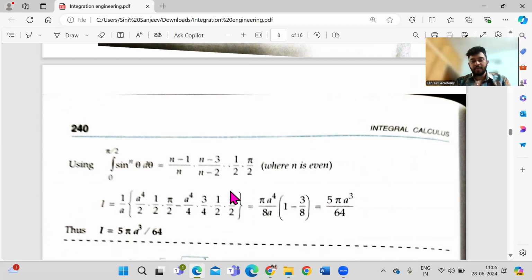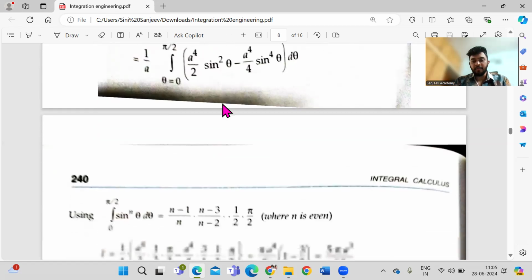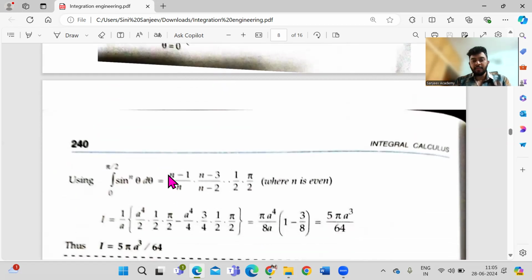So we have to do it. For the first one, a power 4 by 2 will be common here, and here will be a power 4 by 4, with theta powers 2 and 4. So for 2, it is (2 minus 1) by 2, that is 1 by 2. Next is sine power 4 theta.